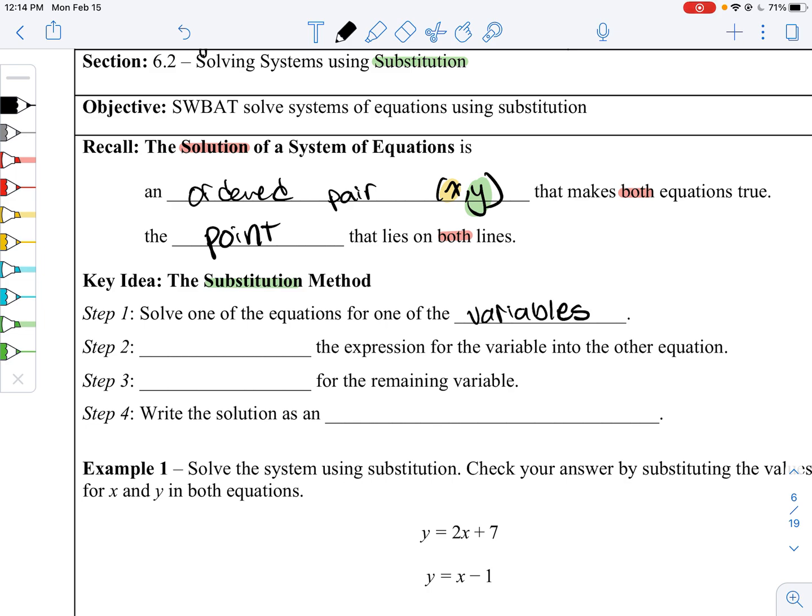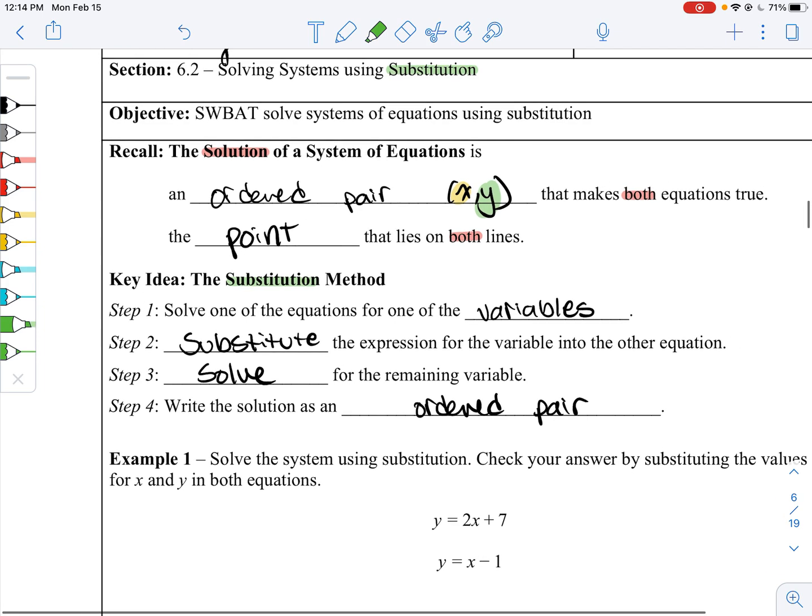You can solve for x if it makes your heart smile. After that, you substitute that value into the other equation. Then you solve for the other variable, and finally you write the solution as an ordered pair. So that's the key idea. Know it, memorize it, love it, put it into practice.